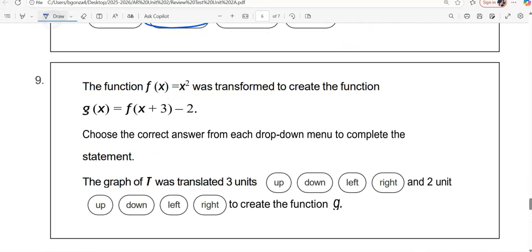Number 9. x squared was transformed to make this. Now remember, insiders lie, right? And that's horizontal, left to right. And outsiders no lie. And it's bottom to top. Cool.